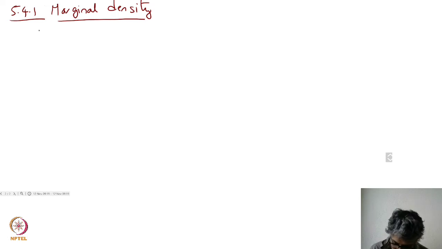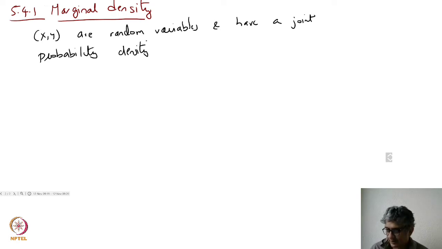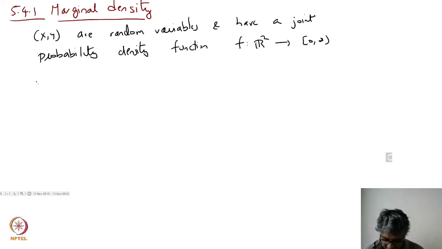Here, X and Y are random variables that have a joint probability density function f from R2 to the non-negative reals. That's given to you.